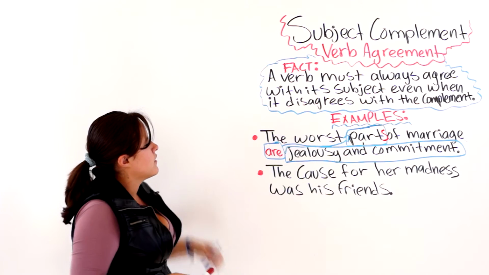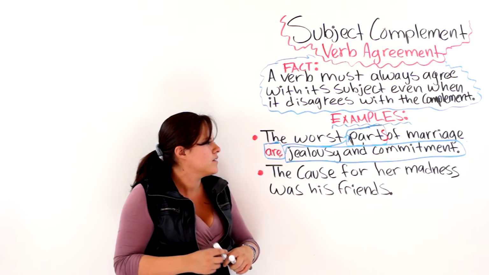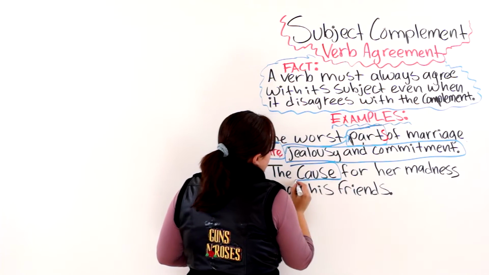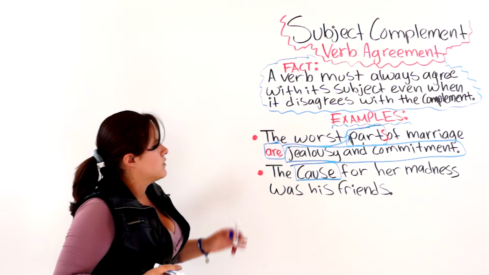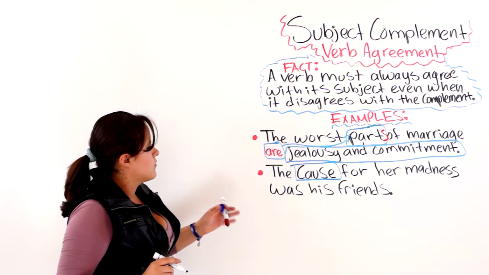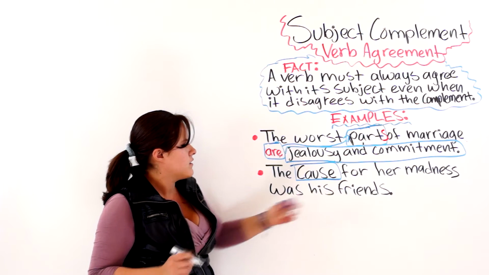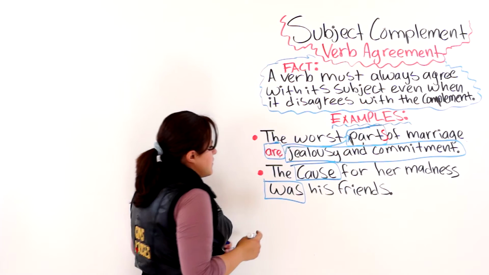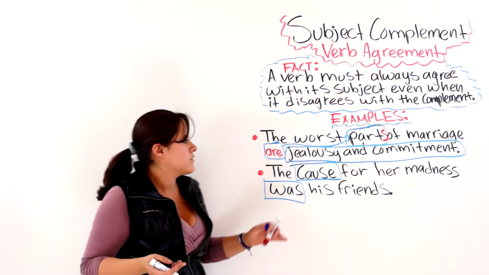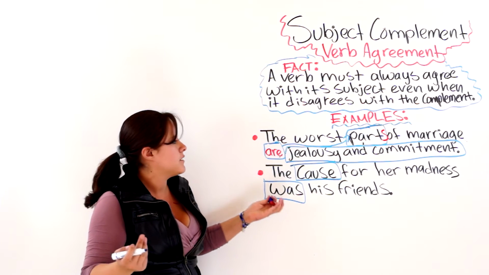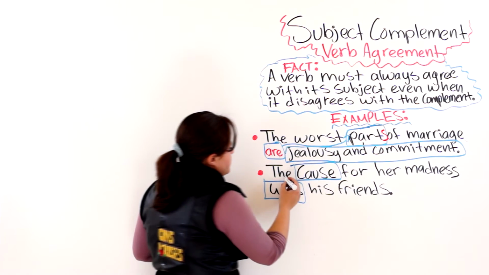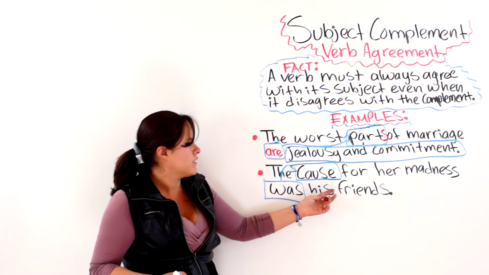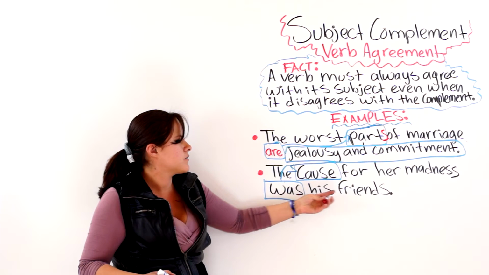The next one says, the cause for her madness was his friends. Okay, we have our subject here. The cause for her madness was his friends. The subject complement. We can see that this verb here, the singular form of the verb be in past, was, agrees with the subject, cause. But we are talking about a plural complement, his friends.